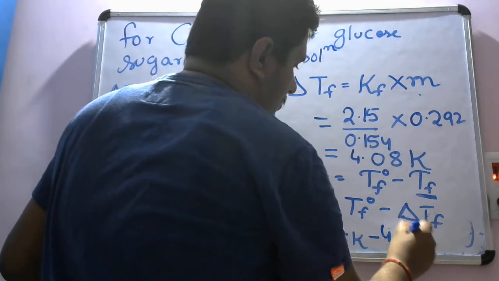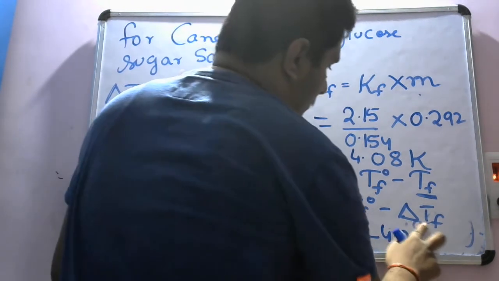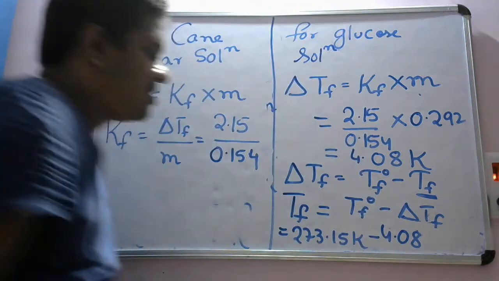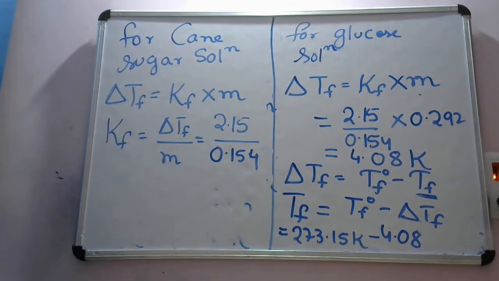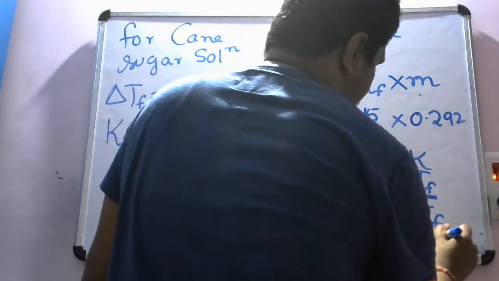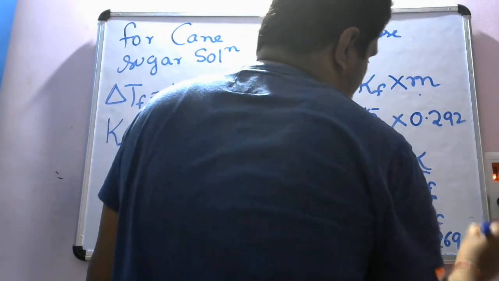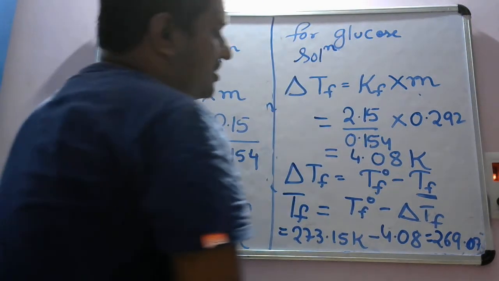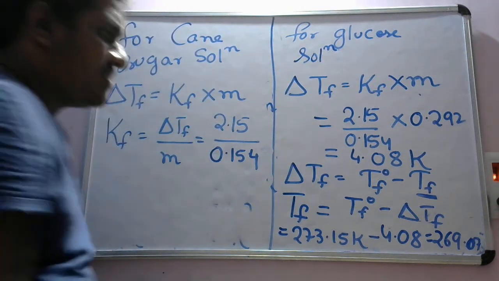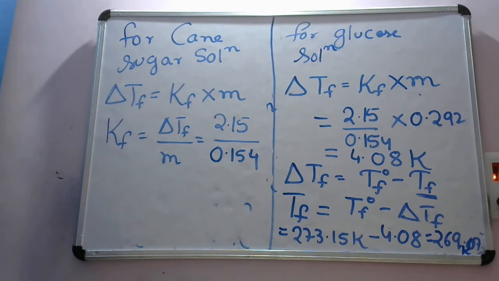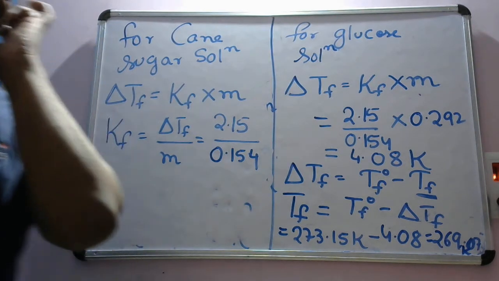Substitute. So when you subtract, you will get 269.07 Kelvin. Alright, the value will be 269.07 Kelvin.